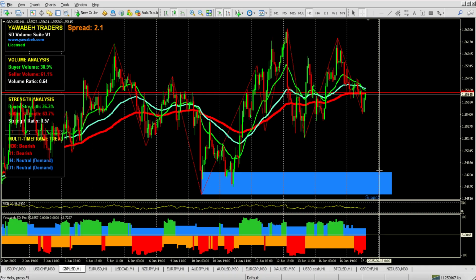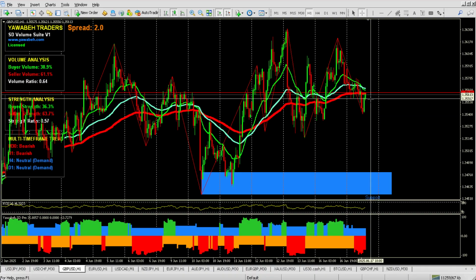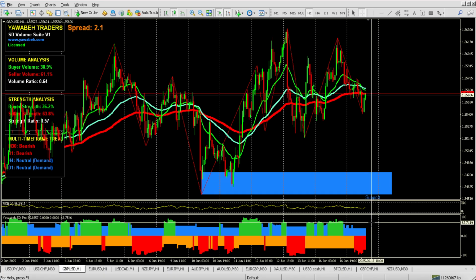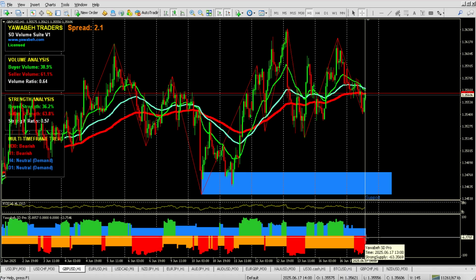At this point the market is making green candles, which is a bullish sign, but this technical tool still shows strong supply.